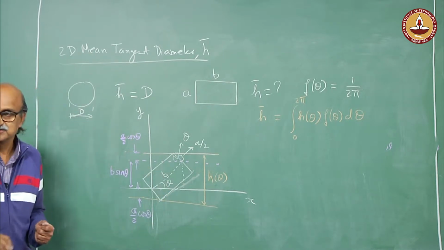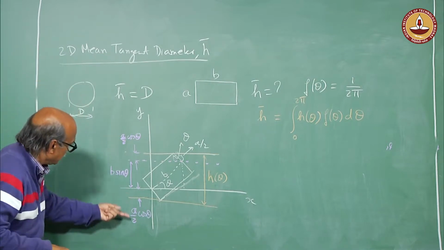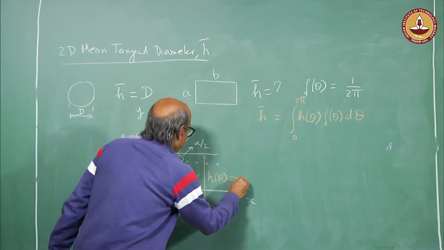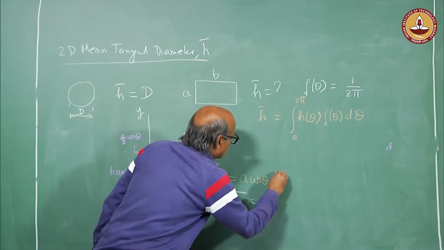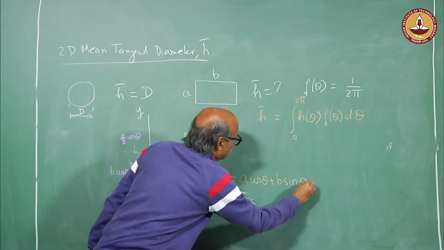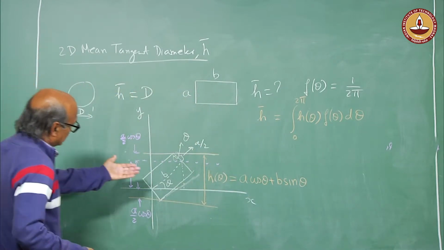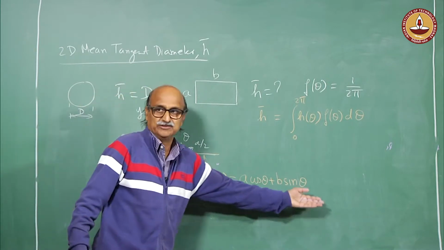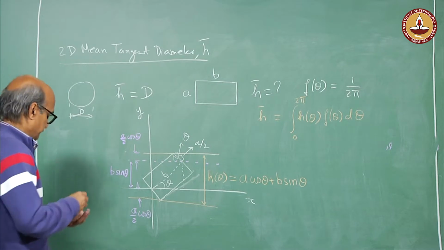You can examine this. And therefore, I simply add up all of these. h theta would become a cos theta plus b sin theta. So, I have expressed the tangent diameter in terms of a, b and theta.